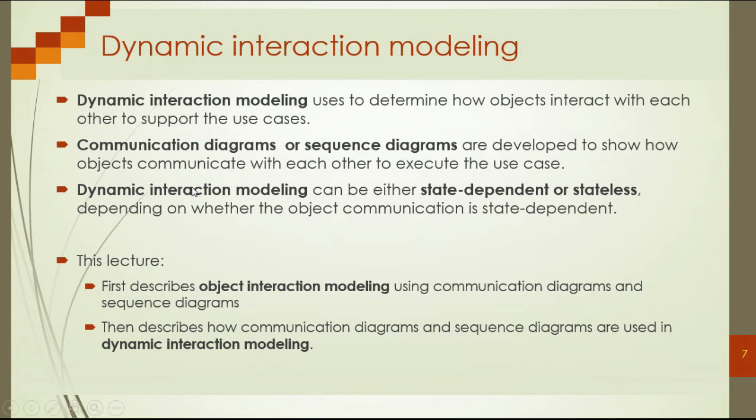One more point that needs to be highlighted here is that the dynamic interaction model has two types. The first is the state dependent dynamic interaction model, which is based on the current situation of the system, while the other one is stateless, and this one doesn't consider the current situation of the system.